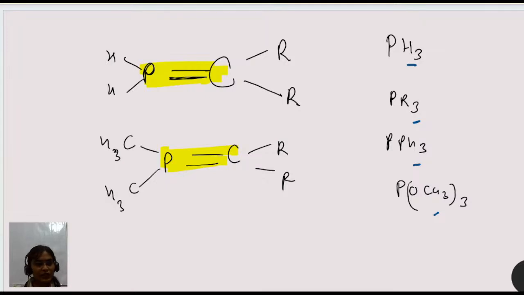A general question. If I'm moving down a group, this is my carbon, and the next is silicon. Sorry, nitrogen, and this is phosphorus, and this is silicon. So according to you, is phosphorus more electronegative or positive?